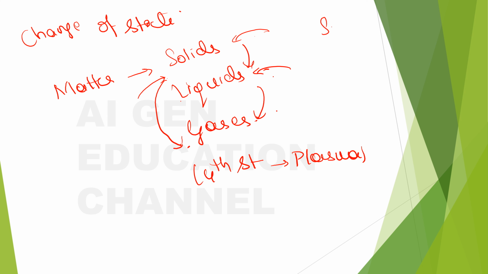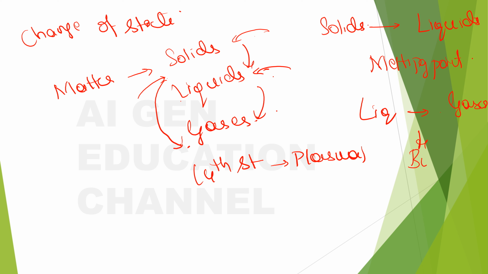The temperature at which solids turn to liquids is called the melting point, right? And the temperature at which liquids turn to gases is called the boiling point of a substance, right?